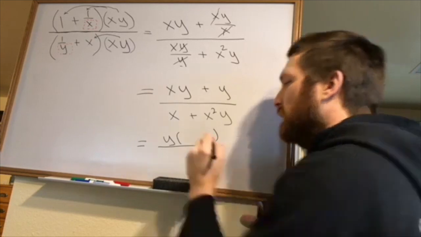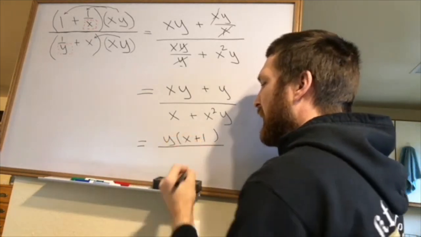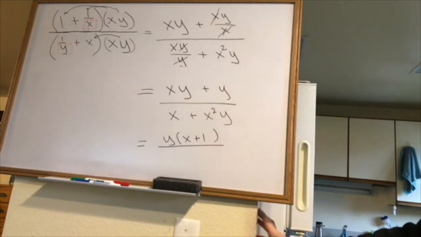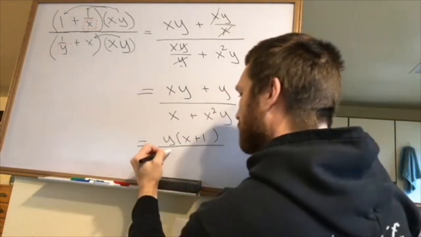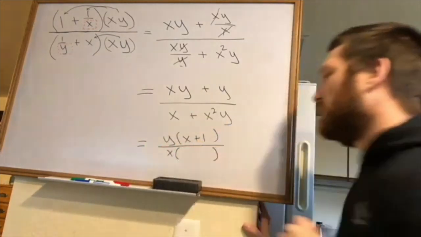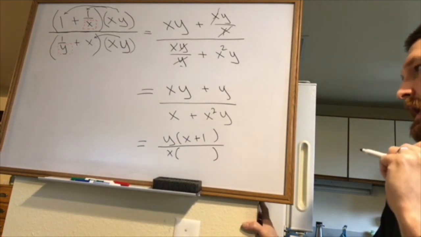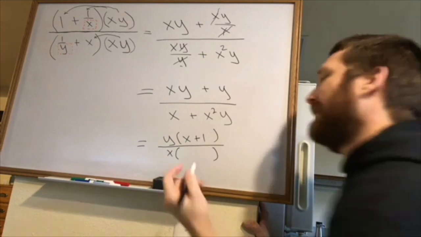X plus 1. There we go. And what about the denominator? What do we have? You can take an x out. Take the x out. There we go. And what's left over? X plus 1. Or 1 plus x.